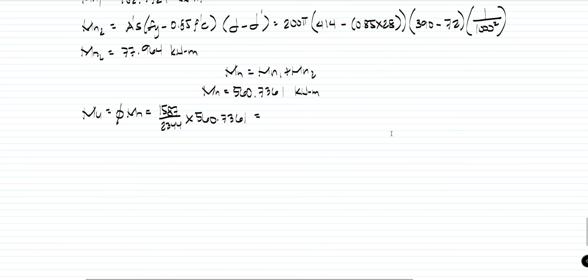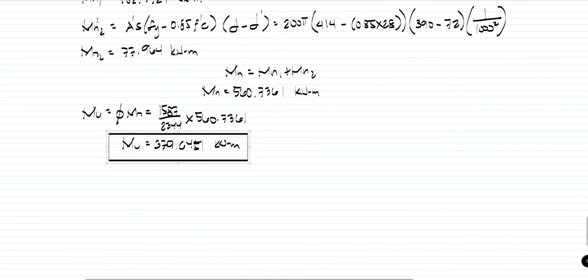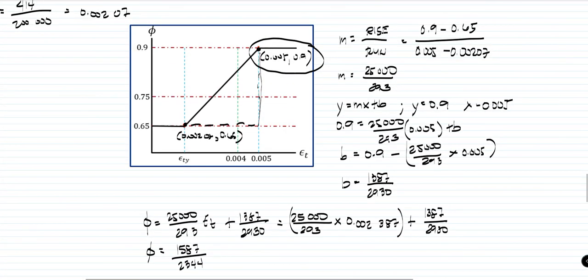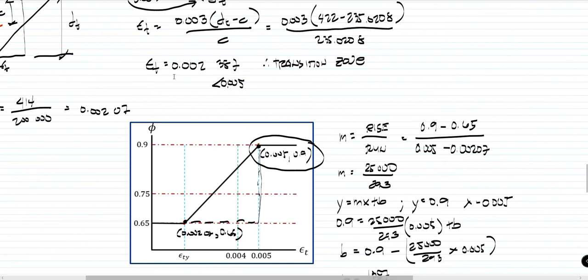So that will be equivalent to a value, so that is Mu, which is 379.6451 kilonewton meter. So ito na ngayon yung required sa problem natin, and yung net tensile strain na hinahanap. So the net tensile strain is ito.